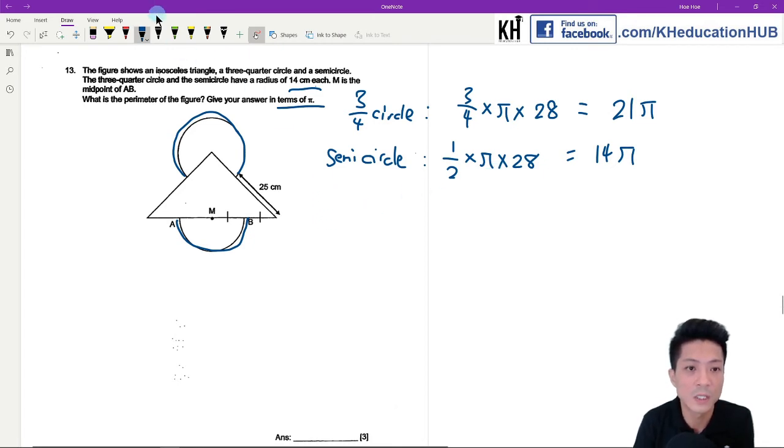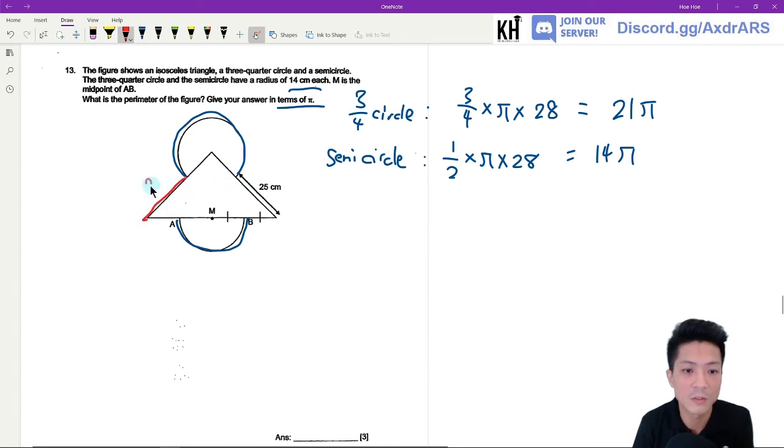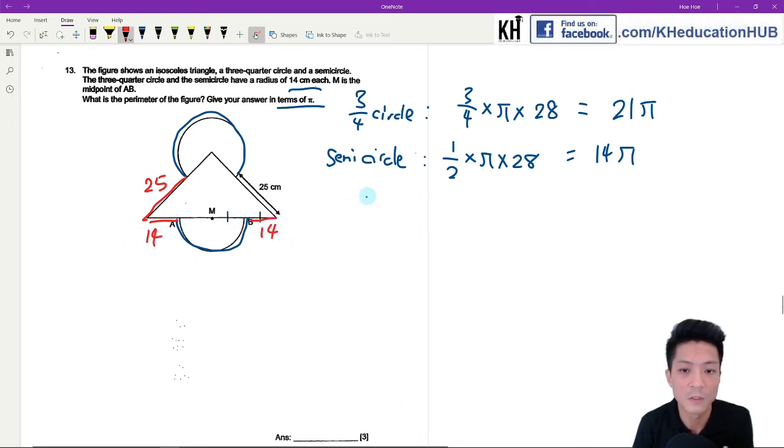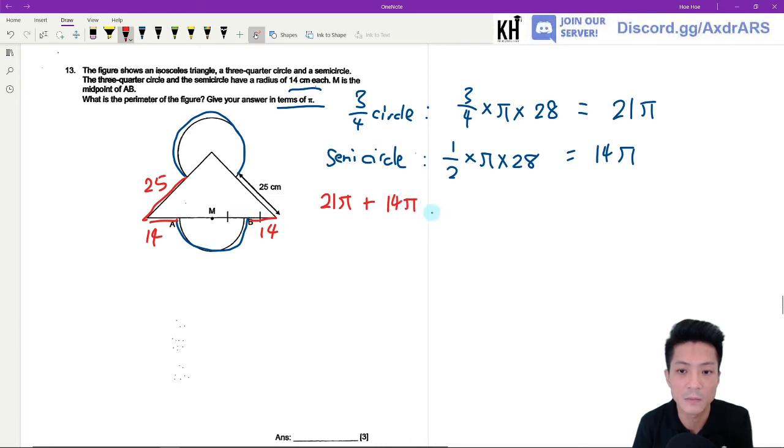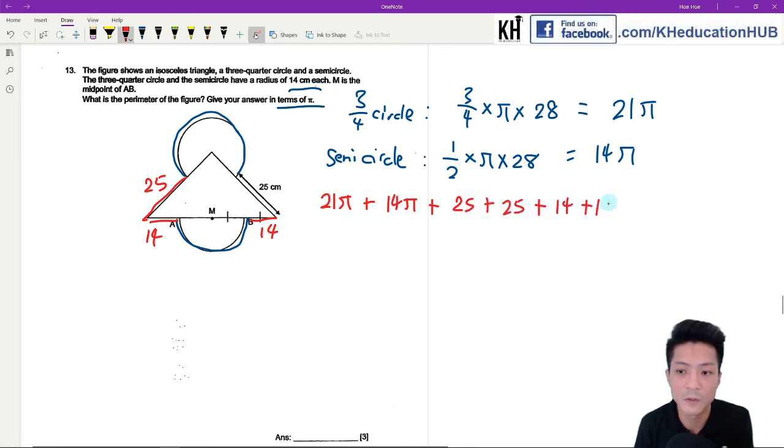Okay, so now I just need to add this 25, 25, and I need to add these two. Since these two are the same, this will be 14, 14. Okay, so 21 pi plus 14 pi plus 25 plus 25 plus 14 plus 14.